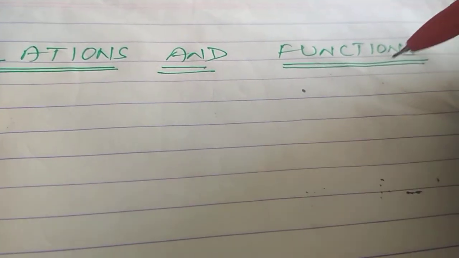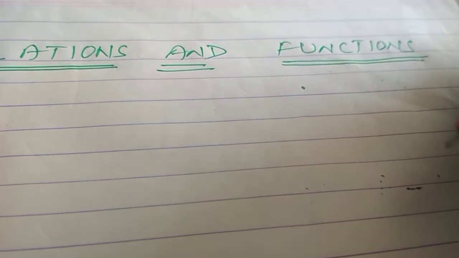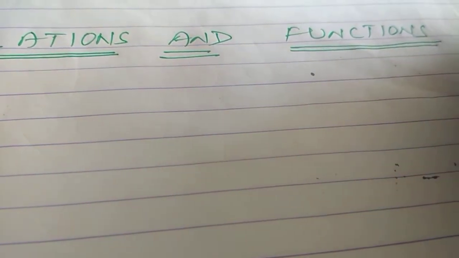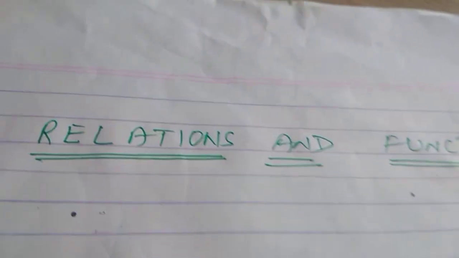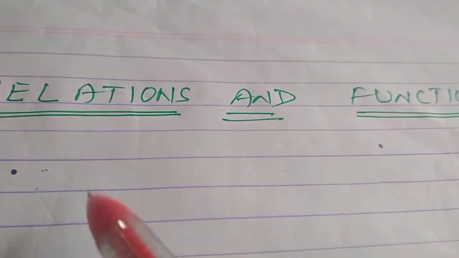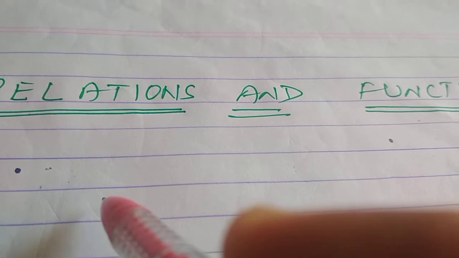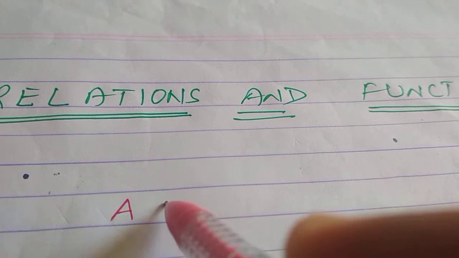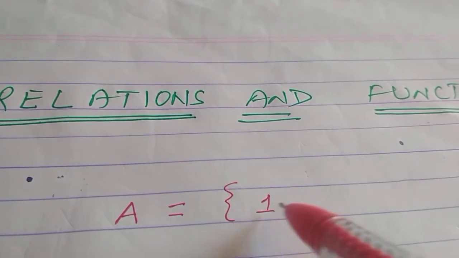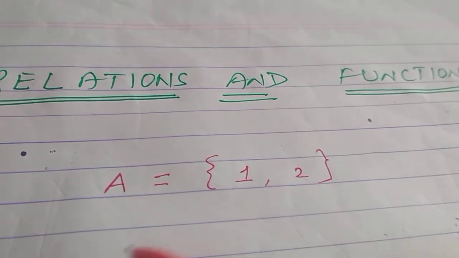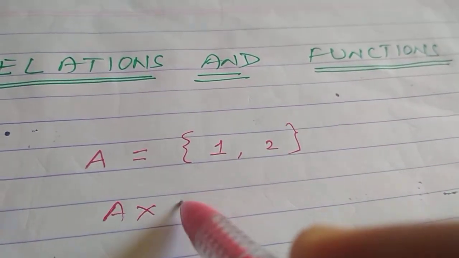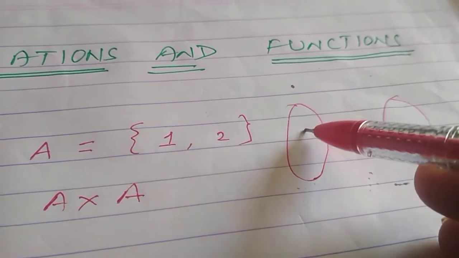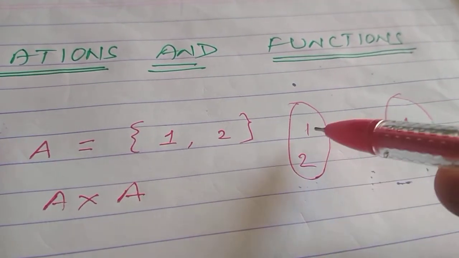This year we are not going to repeat all those definitions. Instead we are going to study the types of functions. Basically, relation, everyone knows that it is a subset of a Cartesian product. Suppose there is a set A comprising of elements 1 and 2, then A cross A, using a Venn diagram or arrow diagram, you can show it like this.